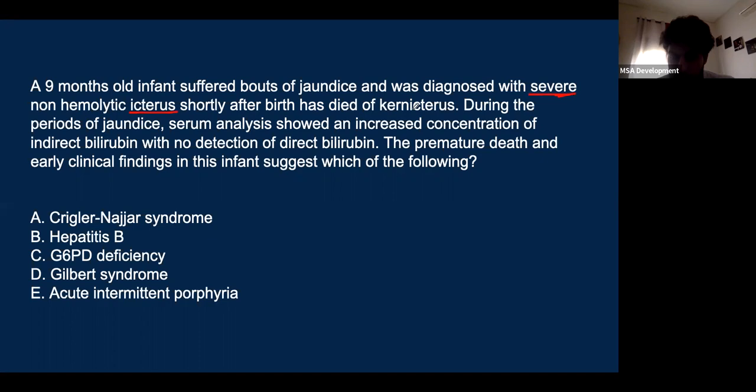During the period of jaundice, serum analysis showed an increased concentration of indirect bilirubin with no detection of direct bilirubin. What's important here is that we have increased concentration of indirect bilirubin right away. Severe icterus, and this person has died of kernicterus. So this is very, very severe.